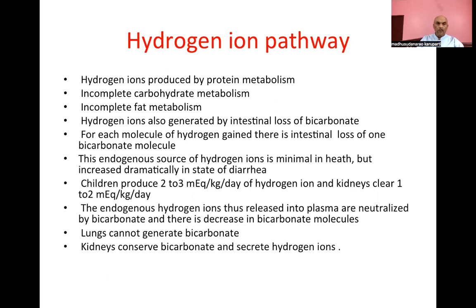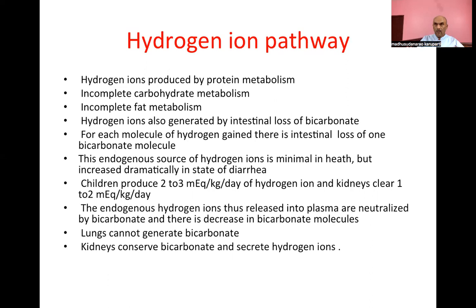In children, normally 2 to 3 milliequivalents per kg per day of hydrogen ion is produced. The kidney clears nearly 1 to 2 milliequivalents per kg per day. The endogenous hydrogen ions thus released into the plasma are neutralized by bicarbonate, and there is a decrease of bicarbonate molecules.